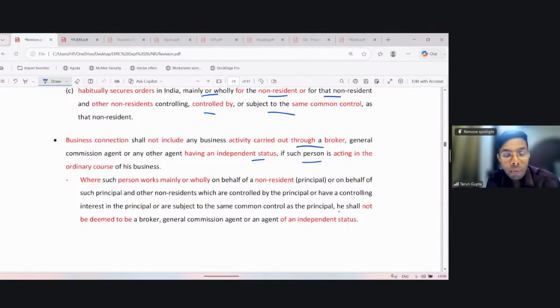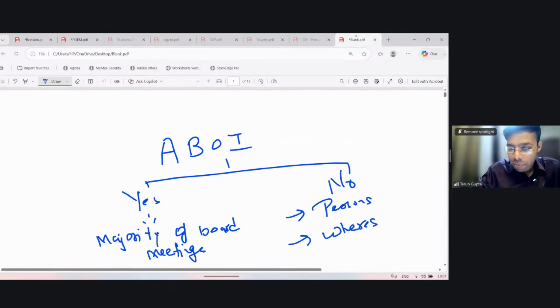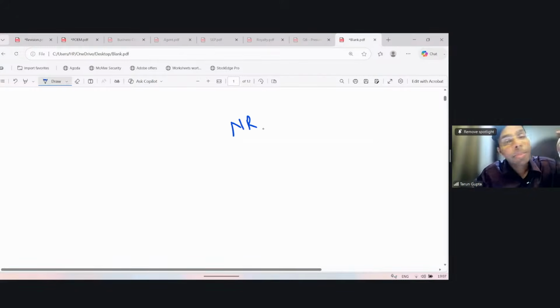Now it says where the agent works mainly or wholly on behalf of a non-resident, or on behalf of such principal and other non-residents controlled by the principal or having a controlling interest in the principal or subject to the same common control as the principal, he shall not be deemed to be a broker, general commission agent of independent status. So if he is working wholly or mainly for a non-resident, then he is a dependent agent.